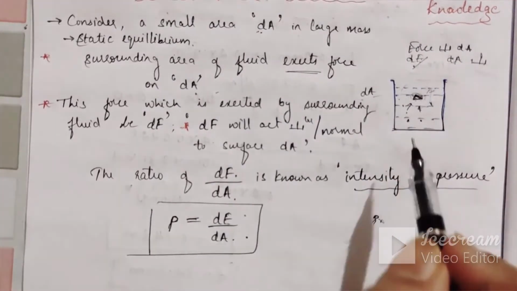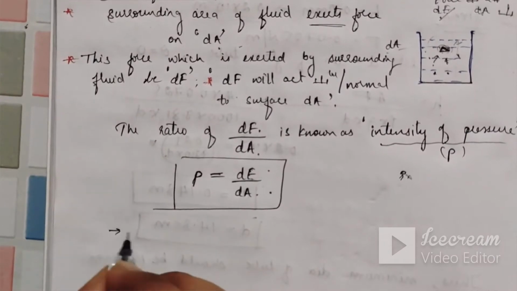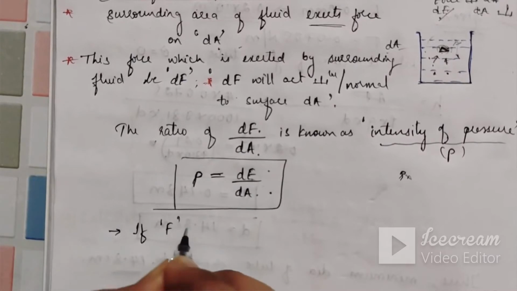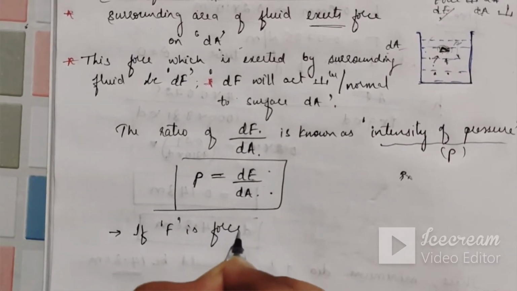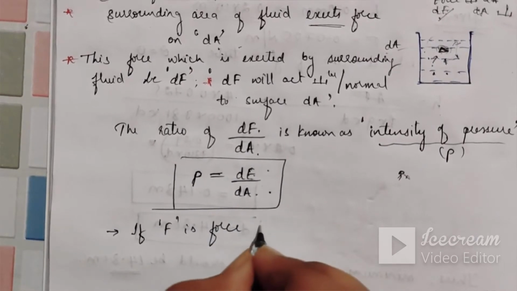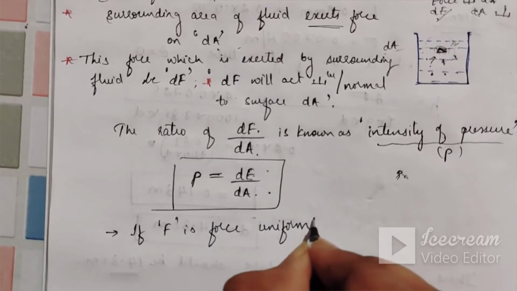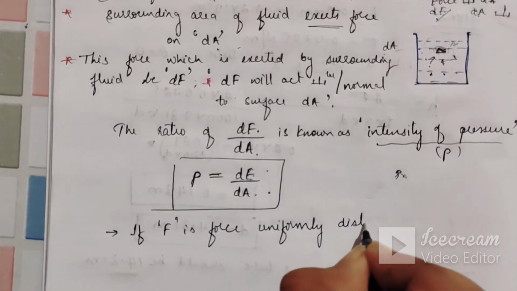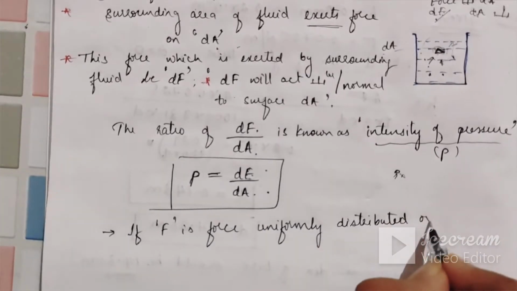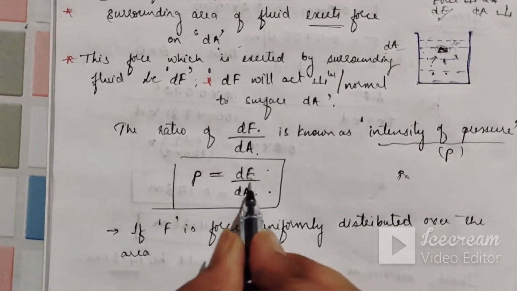That same property will act on each molecule in this large mass of fluid, right? That's why, if F is the force, this dF only, this F is the force uniformly distributed over the area.